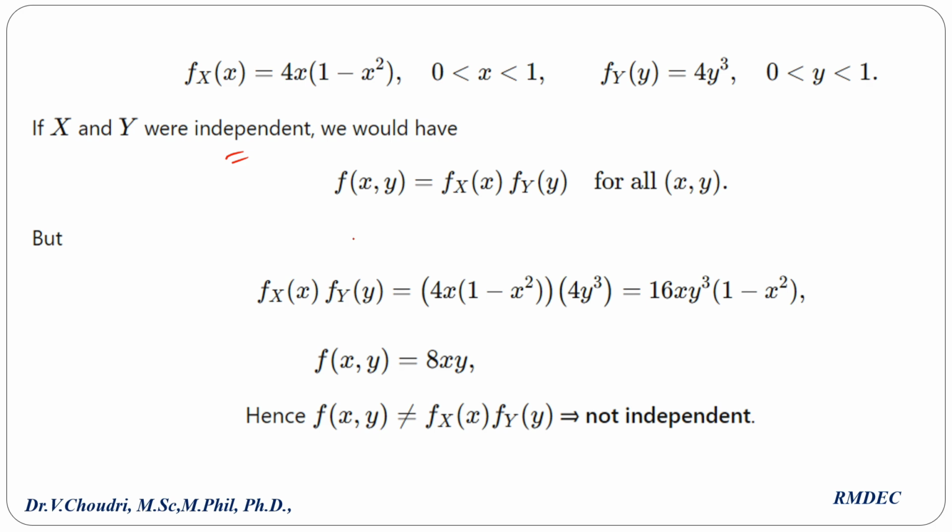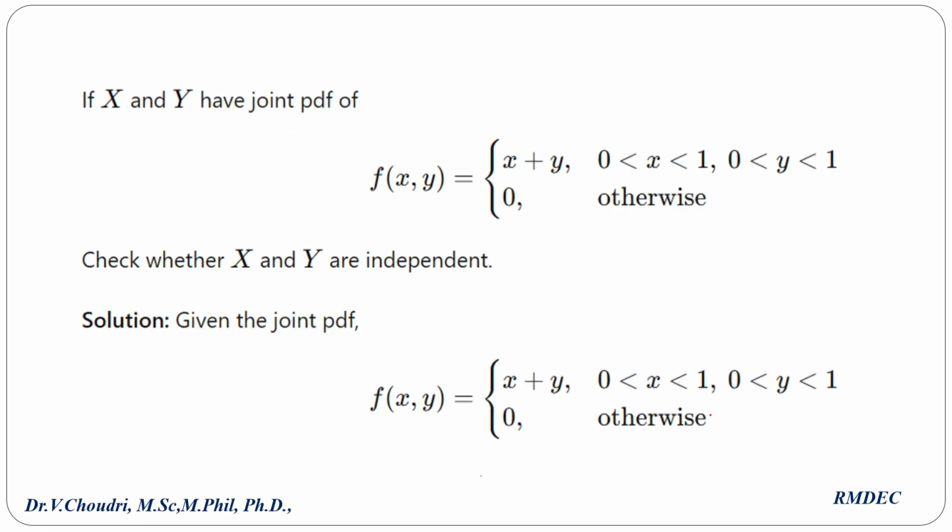That is nothing but 8xy. F of x times f of y is 4x into 1 minus x square times 4y cube. Simplification gives 16 x y cube into 1 minus x square. So both are not equal. So f of x comma y is not equal to this, so not independent.